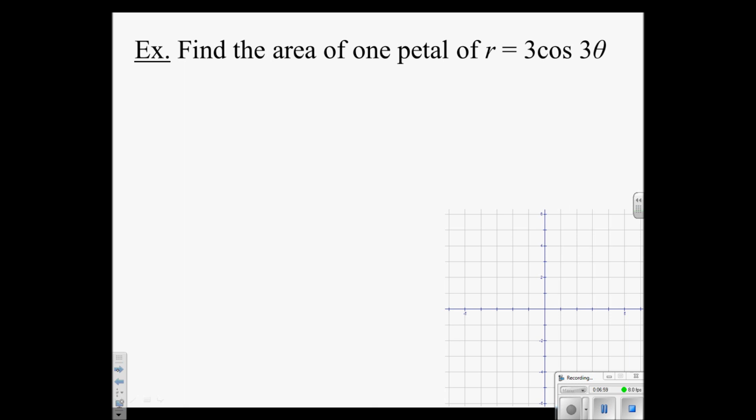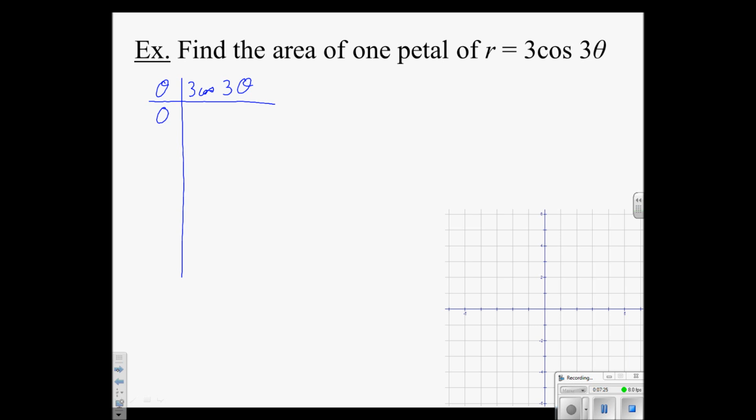So the first thing we're going to have to do is graph this. To graph this, as we did before, I'm going to make a t-chart. Again, I'm going to pick values of theta that make the inside of the cosine be 0, pi over 2, and pi. So theta equals 0 will do it.